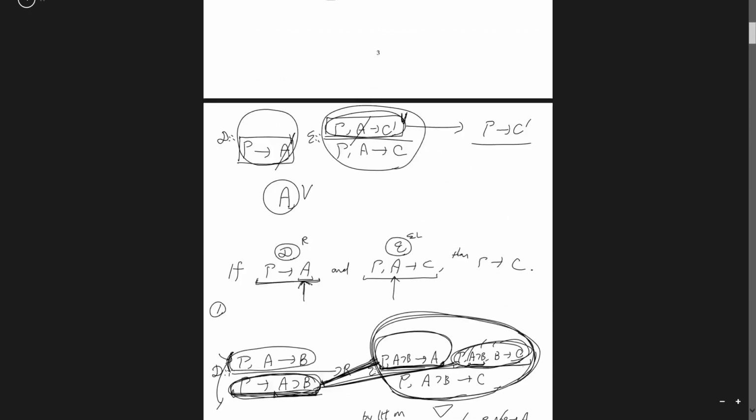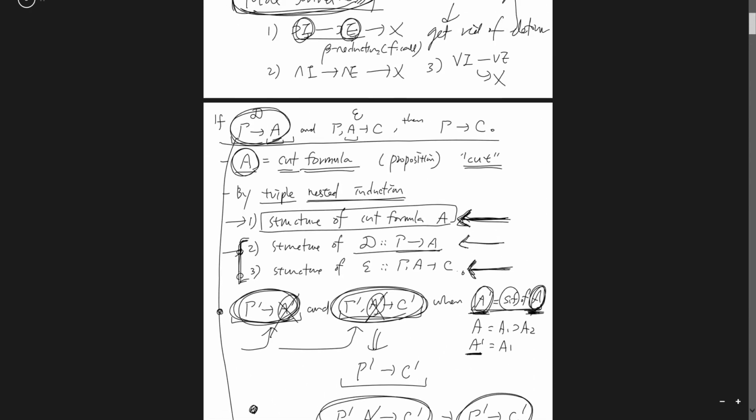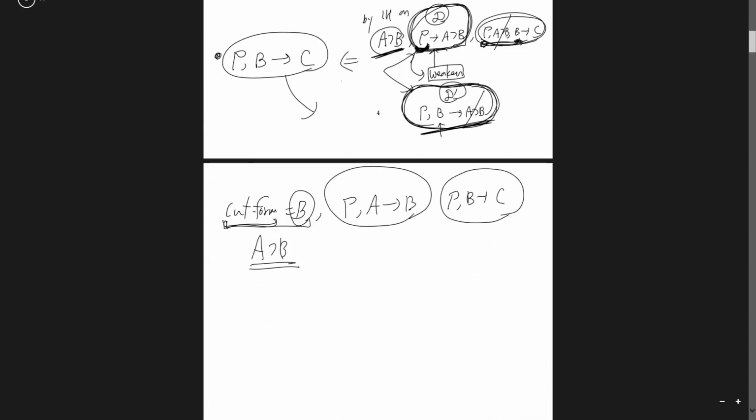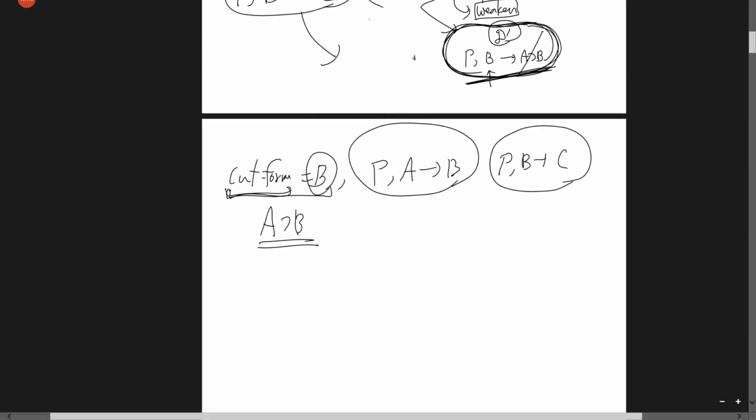And this case precedes the other two cases. So the structure of D doesn't matter because the cut formula is strictly smaller. So now you apply the induction hypothesis on cut formula B and this new sequent D and this new sequent, and then obtain, basically you cut it away.